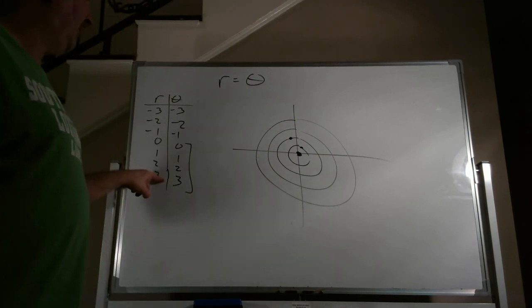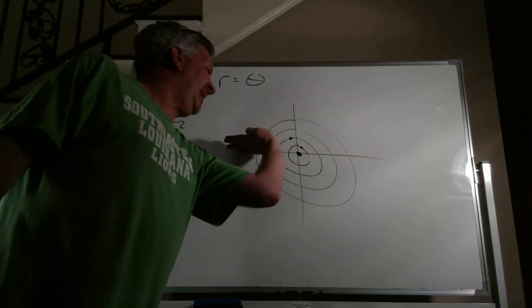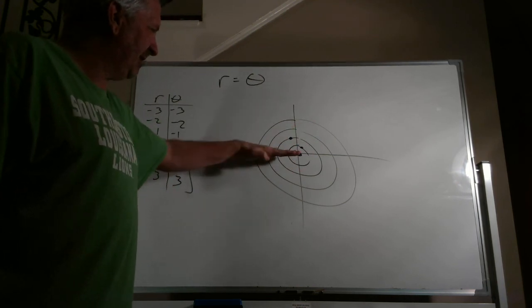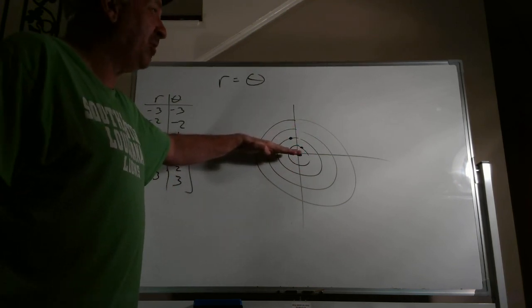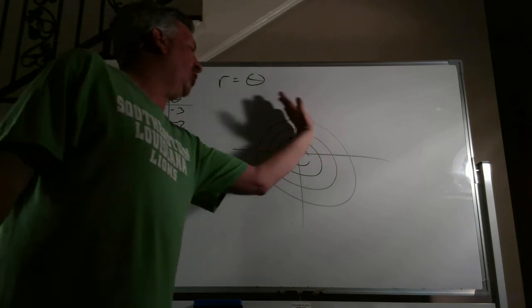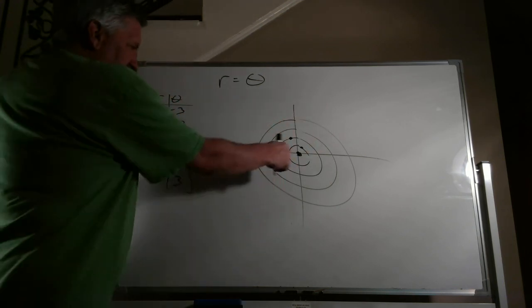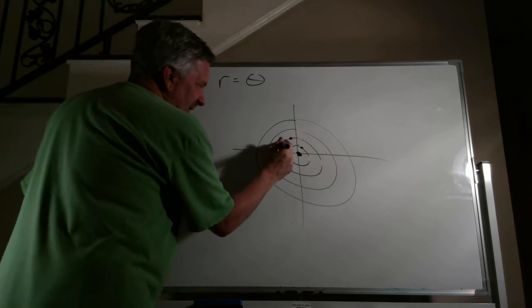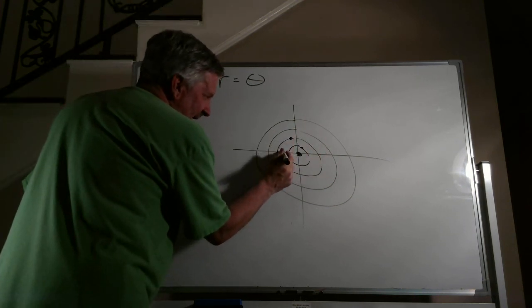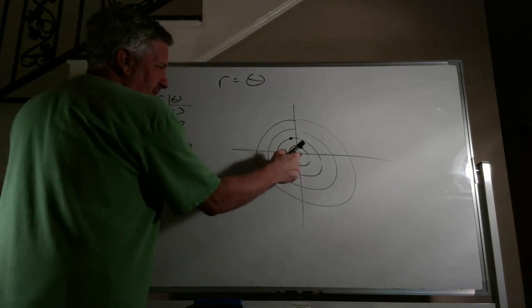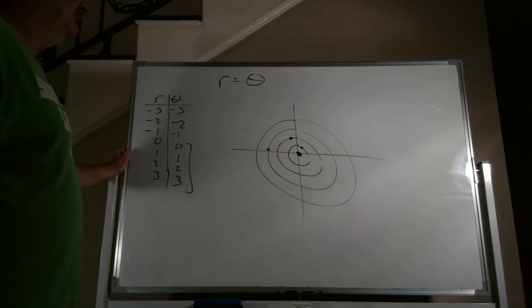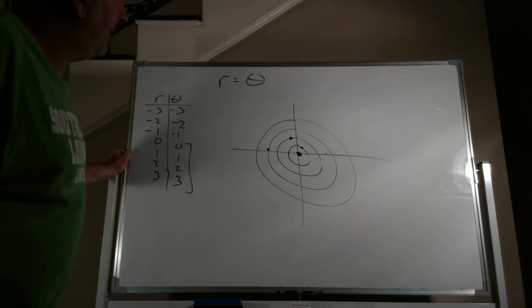Now where's 3, 3? Now remember, pi radians is halfway around the circle. So the negative x-axis here is at pi radians, which is about 3.14. So 3 radians is almost to that axis, not quite. So 3 radians puts me here, and then we have to go out a distance of 3, 1, 2, 3. Something like that. Now, I went ahead and put in the 4.